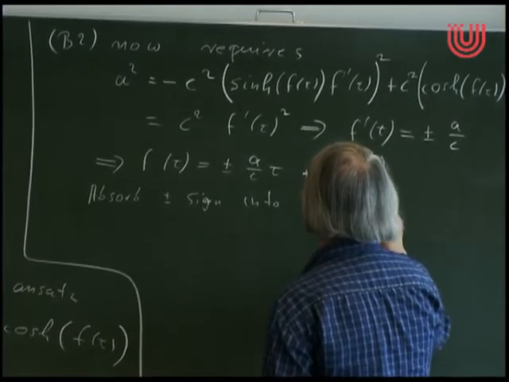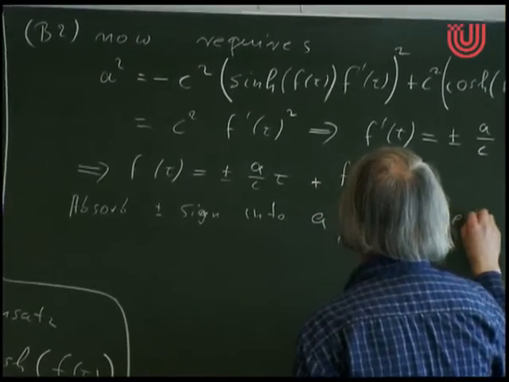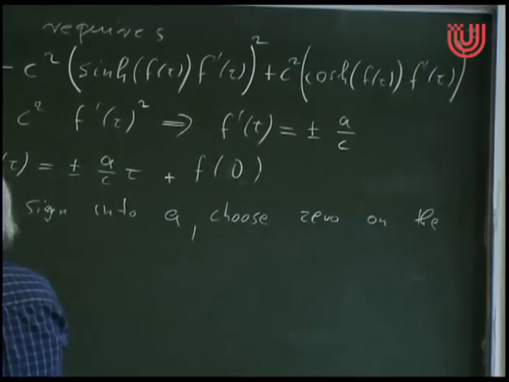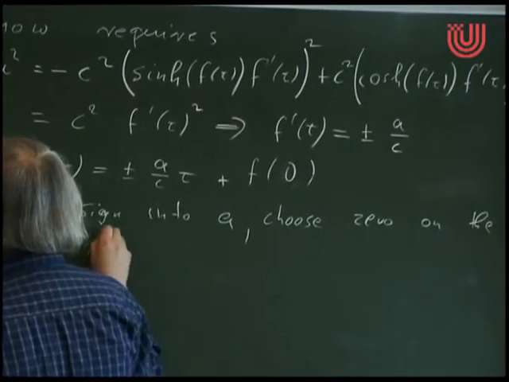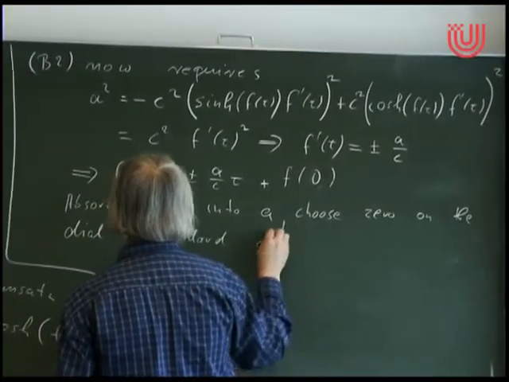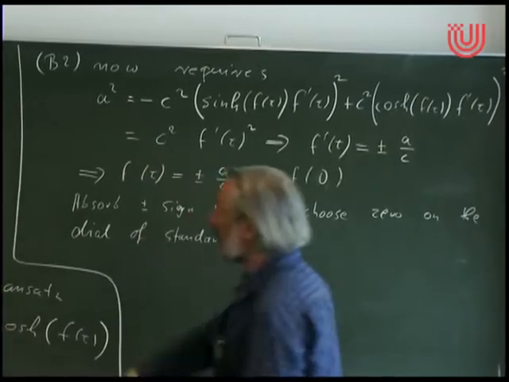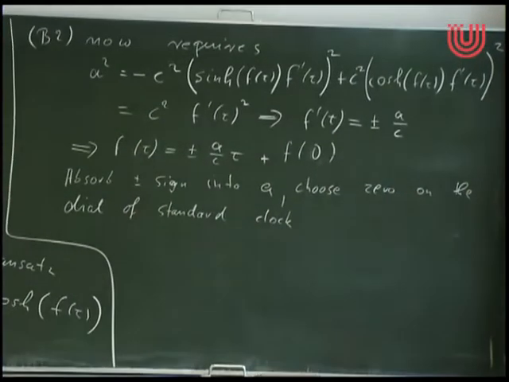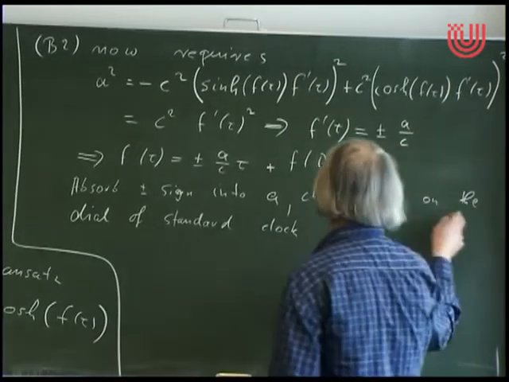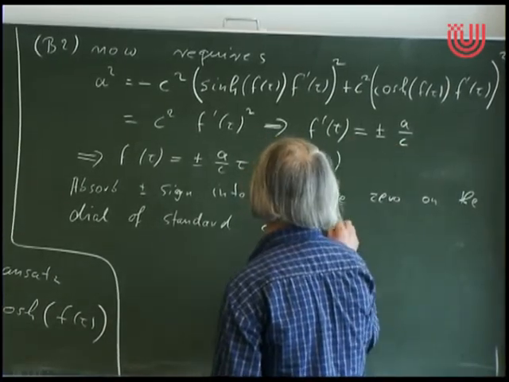Absorb and choose 0 on the dial of the standard clock. Remember, a clock which shows proper time is called a standard clock. So when we parameterize a world line with proper time, this means we give a standard clock to the particle.